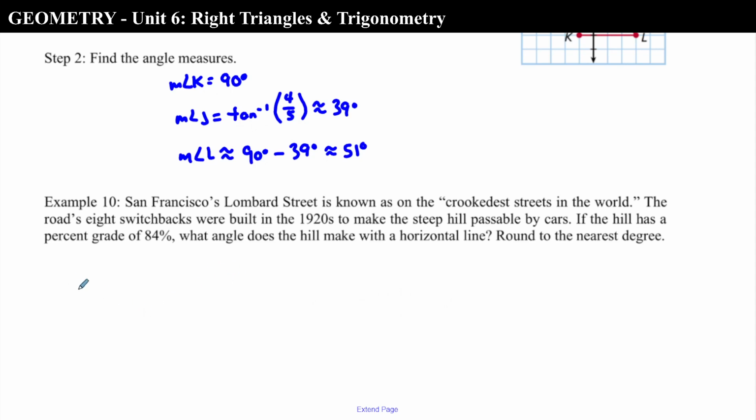So recall that when we're talking about a percent grade of 84%, we're talking about a rise of 84 feet for every 100 feet. Okay, so let's draw that in a figure. I'm going to draw a right triangle over here on the side.